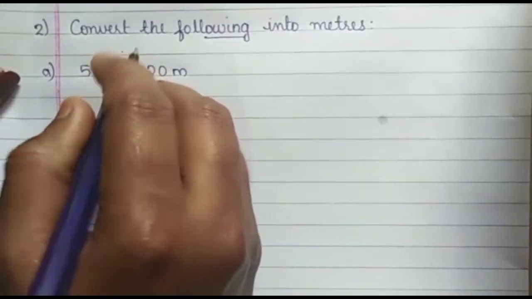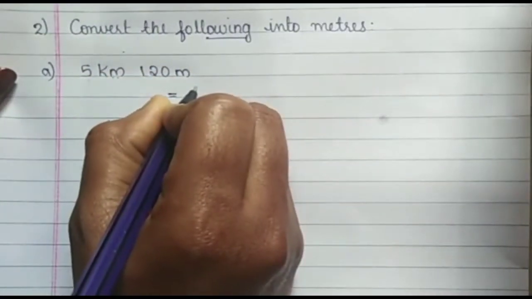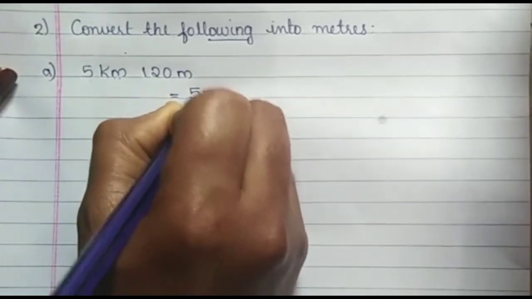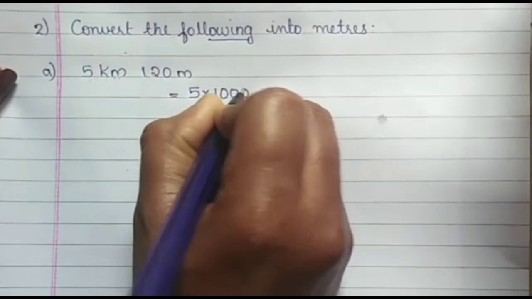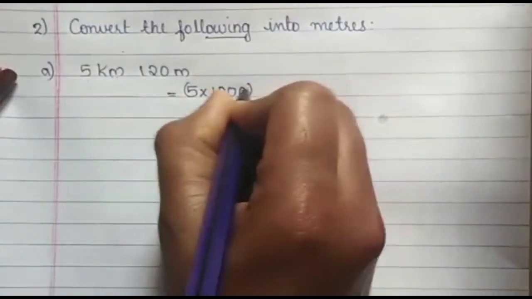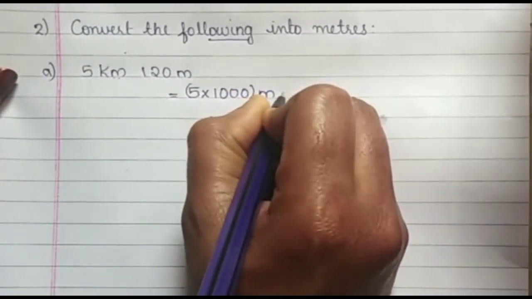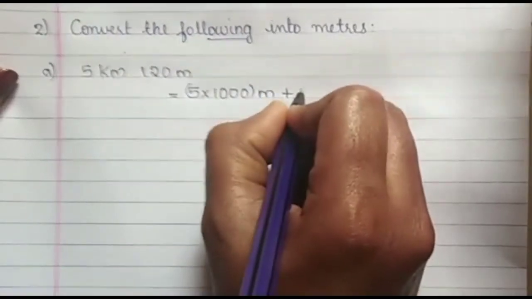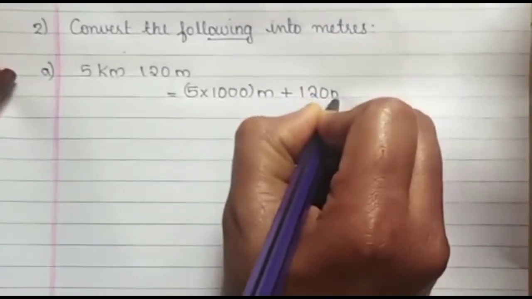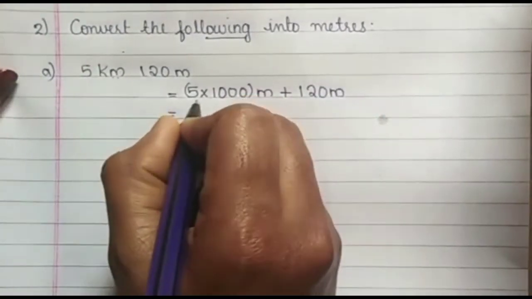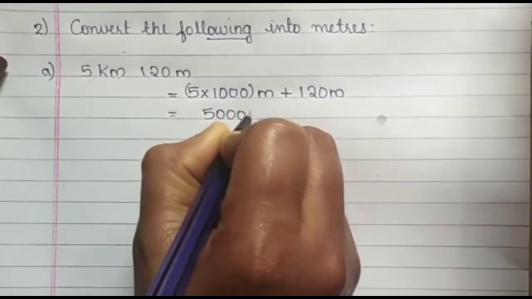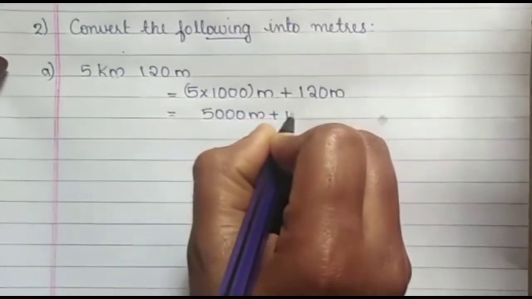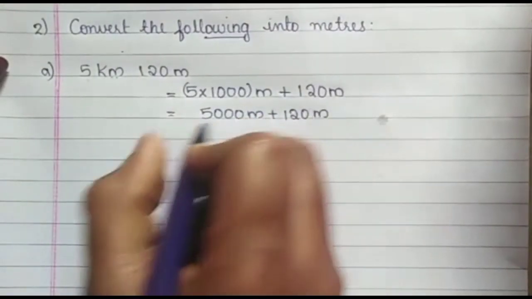So first we can convert 5 kilometers into meters, multiplying it by 1000. That is 5 into 1000 meters plus 120 meters. 5 into 1000, the answer is, yes, 5000 meters plus 120 meters.